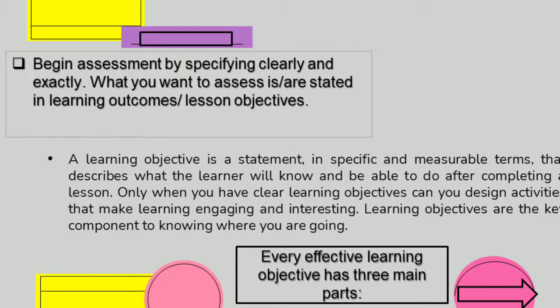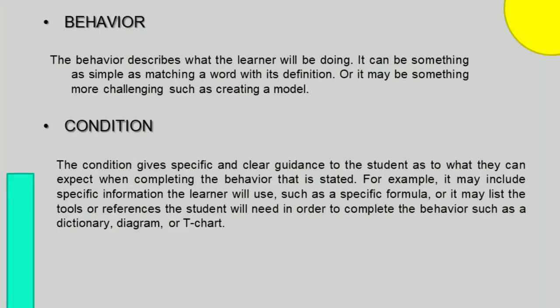Every effective learning objective has three main parts. The first is behavior. The behavior describes what the learner will be doing. It can be something as simple as matching a word with its definition, or it may be something more challenging such as creating a model. The second is condition.